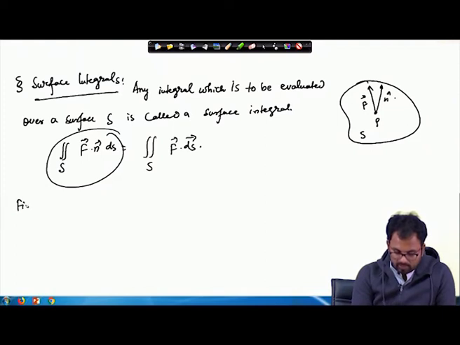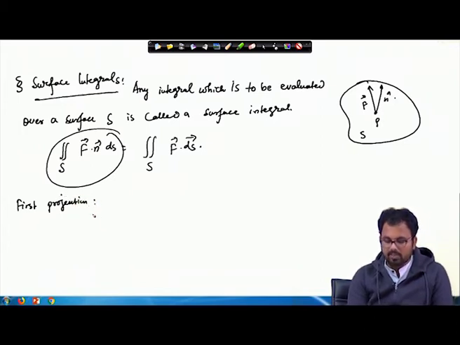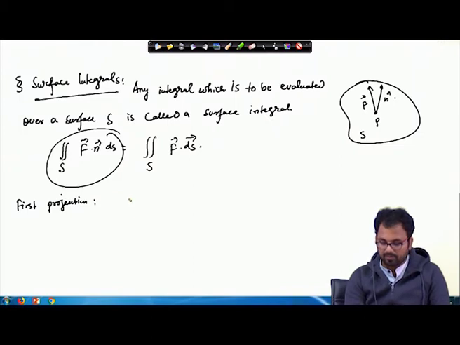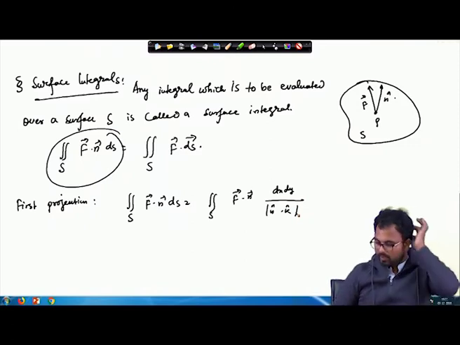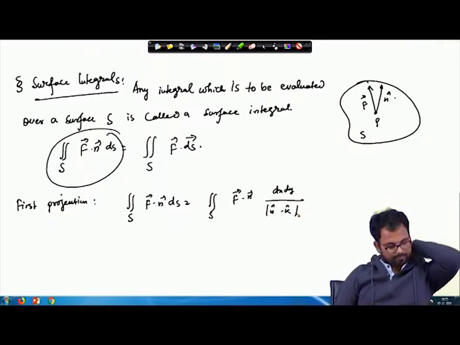So the first projection: let us say we are projecting on the xy plane. Then the surface integral over S of f dot n dS is the surface integral over S of f dot n dx dy divided by n dot k.